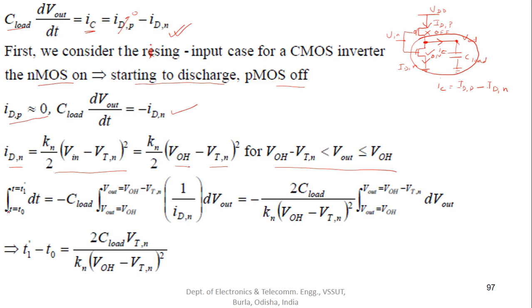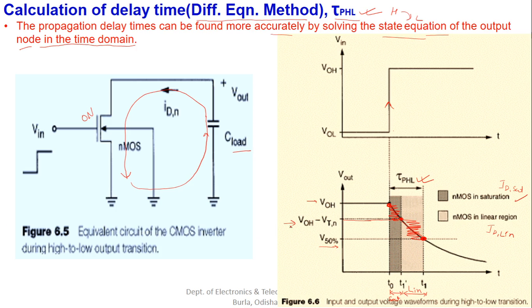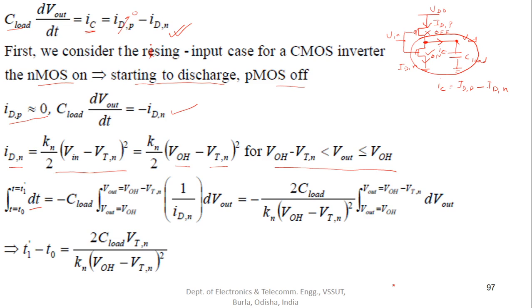And this particular value for IDN is used to formulate this integral for dt, that is minus C load integral 1 by IDN dV out. Here the variable is dt. Remember, in this case we are taking NMOS to be in saturation. The dt will range from T0 to T1 dash, sorry.